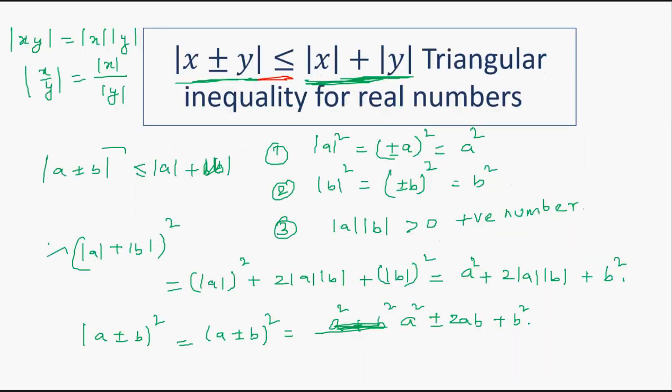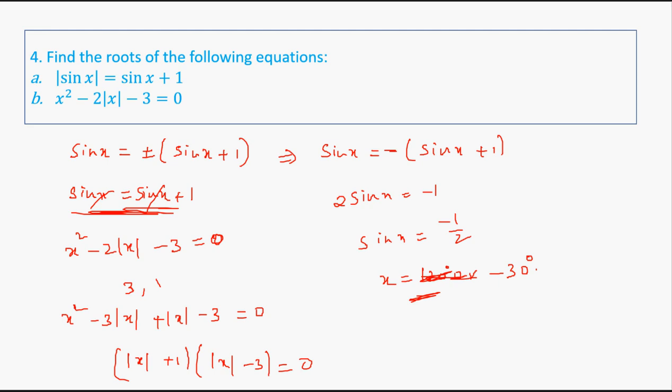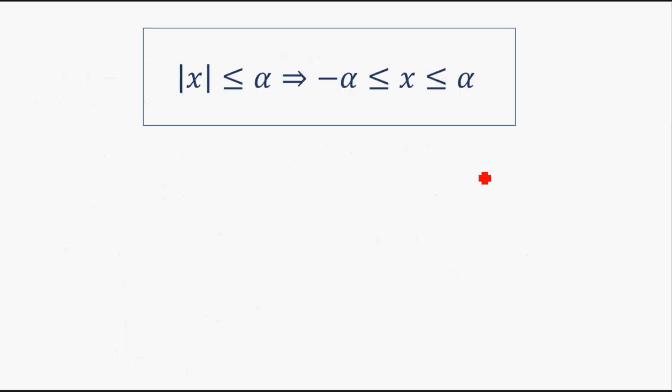Now coming to inequality, we have discussed different properties. Now we will discuss the inequality, right? Now when I draw a number line, this is the number line, and this is the 0. And when I say the absolute value of x is less than or equal to 4, what does that mean?